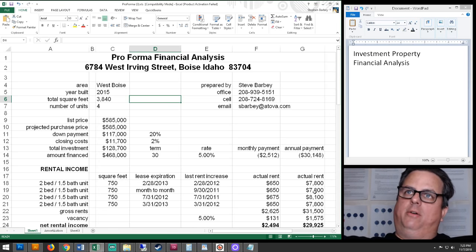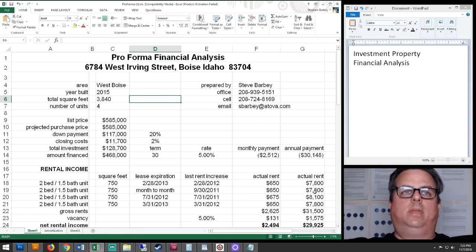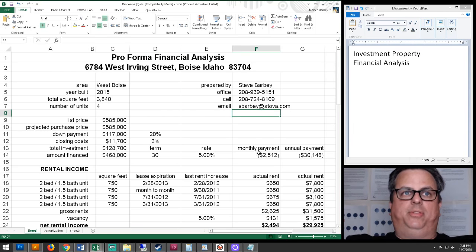So if I can buy a fourplex with a six cap, or I can buy a 6.5 cap fourplex, generally speaking, from a cash flow standpoint, the 6.5 cap property is going to be a better buy than the six cap property.